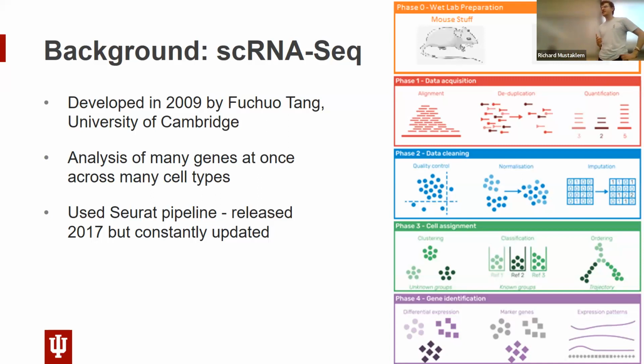Then about 5 years later, in 2014, it first got commercialized and was being sold to bioinformatic labs. One thing that makes it so amazing is you can study many types of genes at once across many cell types. Other RNA sequencing doesn't have that power. There are some similarities, but you can't inspect the individual cell types.